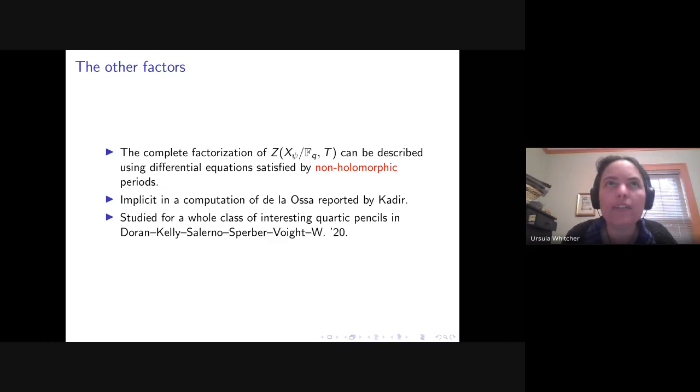And what you see is that all of the other periods that are not holomorphic satisfy hypergeometric Picard-Fuchs equations as well. And then you can look at the entire zeta function, and you can break it up in terms of these non-holomorphic periods. So it's a really interesting, rich structure that's going on there.